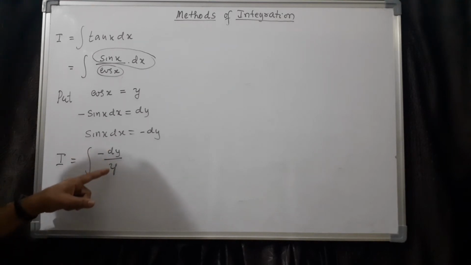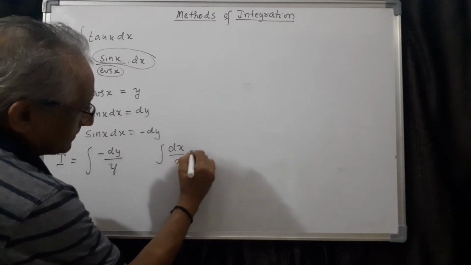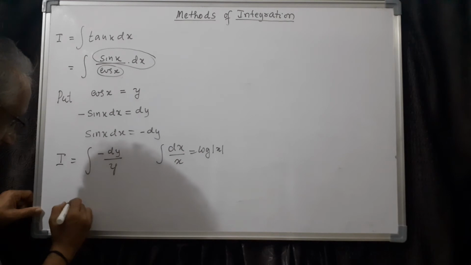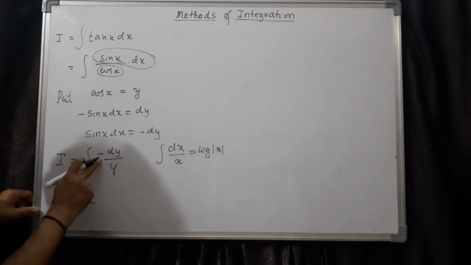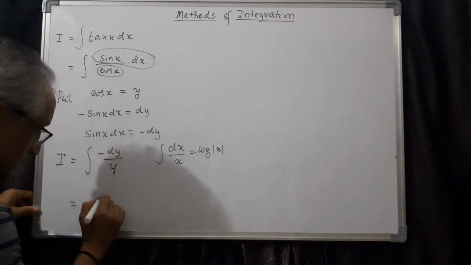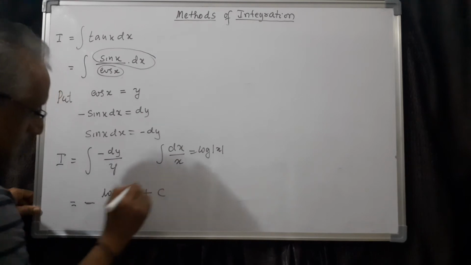And we know this formula already, dx by x is log of mod x. Therefore we can write this equal to minus, of course the constant can be taken out always, log of mod y plus c.